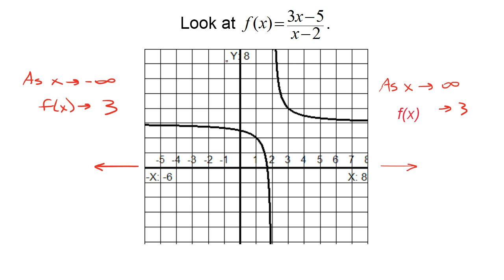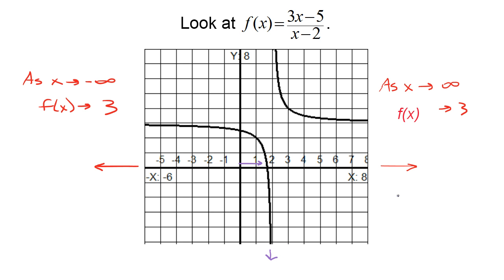So let's see what happens here in the middle. As my x's are approaching 2 from the left, my y values are getting very, very, very small, which means large in the negative sense. So I'm heading down here to negative infinity.